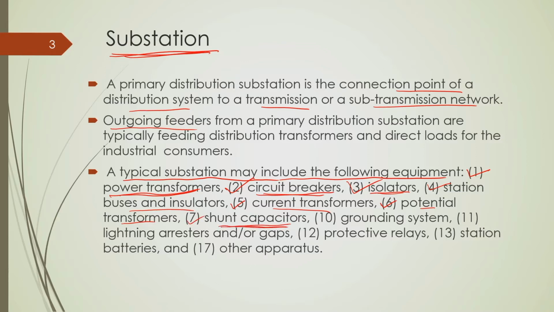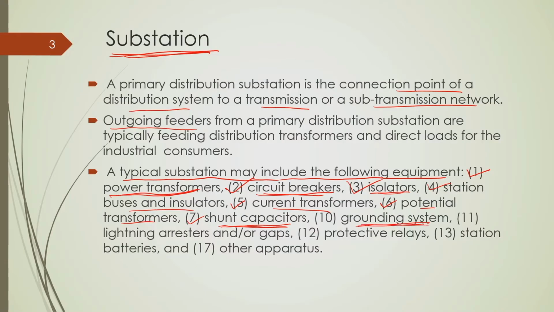I will come to the shunt capacitor in one of my modules. Then we have the grounding system, which is very important for a substation. If you visit a substation, you will see that the grounding system is an important thing, and it is typically made of a very large space underground.